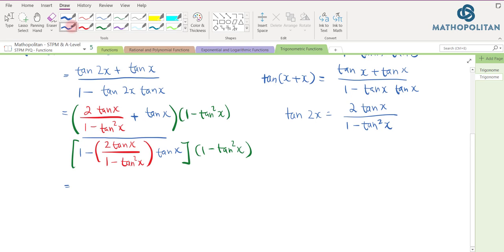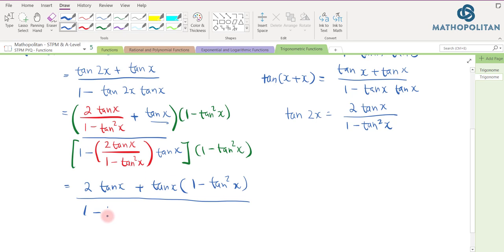Once you expand the bracket, we have 2 tan x plus tan x times (1 minus tan squared x), and then we divide by 1 multiplied by this bracket, which is 1 minus tan squared x, then minus 2 tan x times tan x, which is 2 tan squared x. Now we simplify. Here we have 2 tan x plus tan x times 1, which is just tan x.